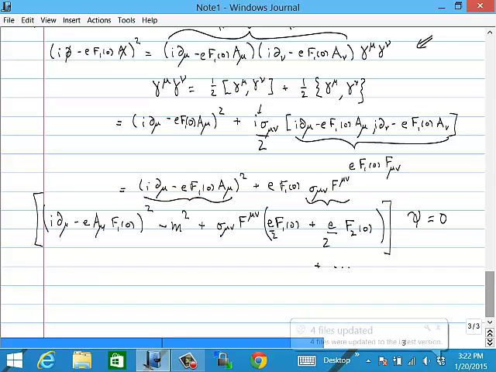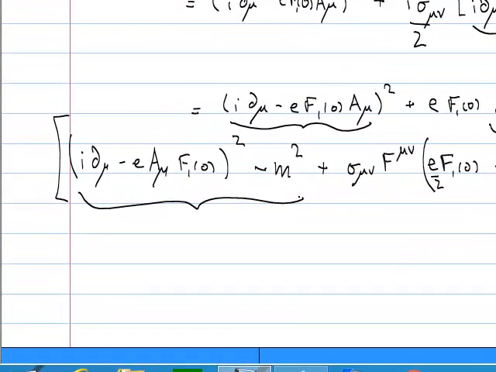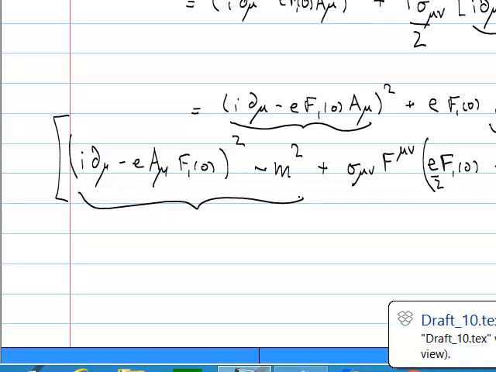So let's just stare at this equation for a second. Look at these terms right here. That's (i d minus e A_mu) quantity squared. So what is that? That's the usual kinetic operator for a particle in an electromagnetic field.